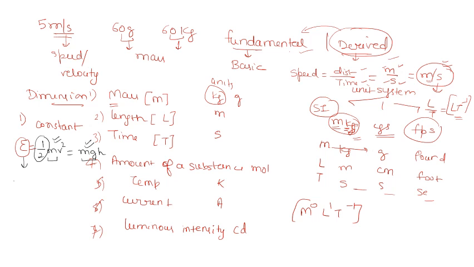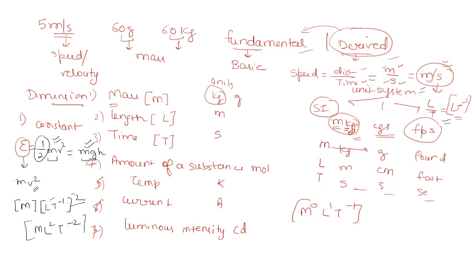So if I ask you the dimension formula for energy, so mv square, we know mass has M as dimension, and velocity or speed we have just found out here, LT minus 1. So that means it will become ML square T minus 2, right?